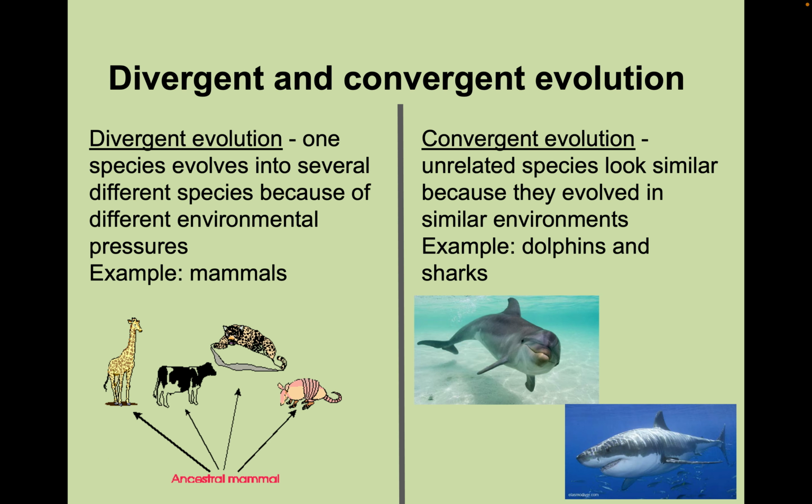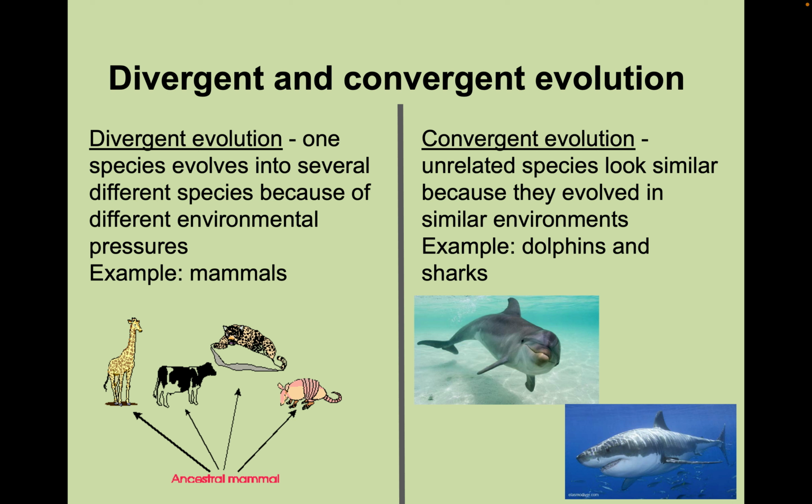Different things we see in evolution. Divergent evolution. Or if you want to get extra fancy, adaptive radiation is also this. I think divergent's an easier word. We have one species that changed into many. For example, mammals.